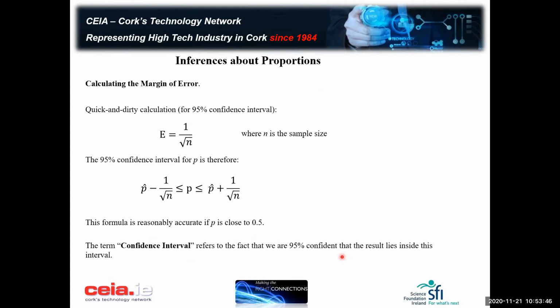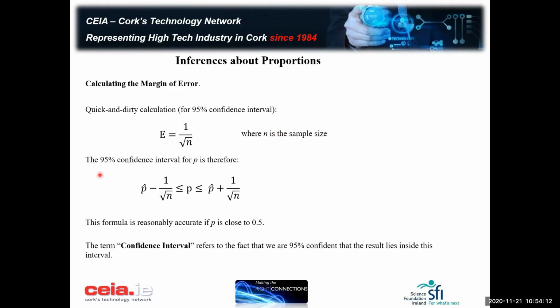Now, how do we calculate that margin of error? Well, there is a shortcut way of doing it, and that's to use the formula: the margin of error is 1 over root n, where n here is the number of data points in the sample, so the size of the sample.